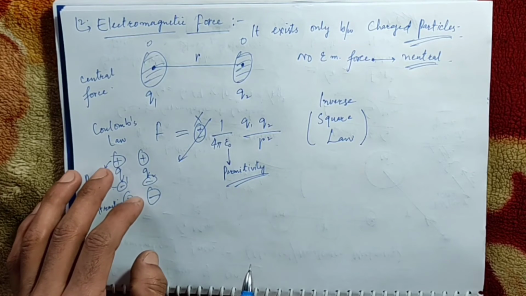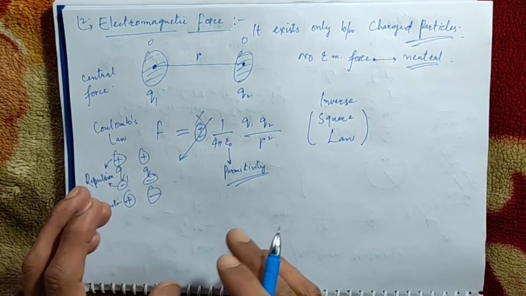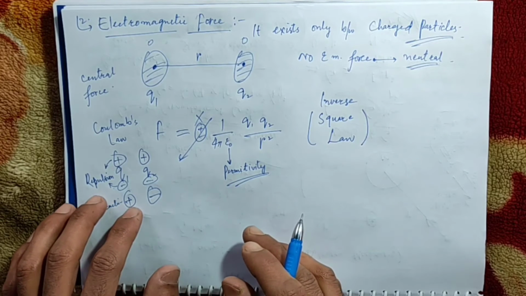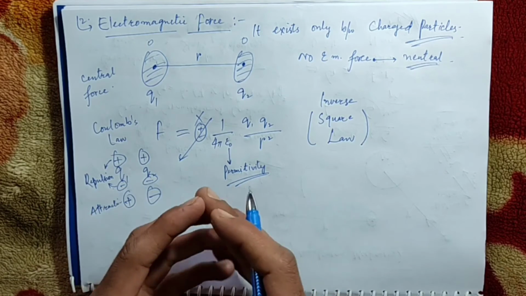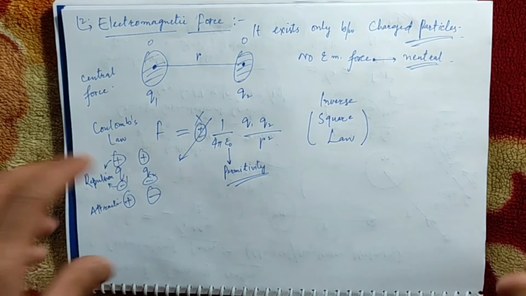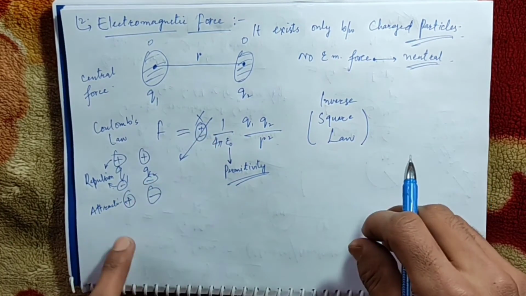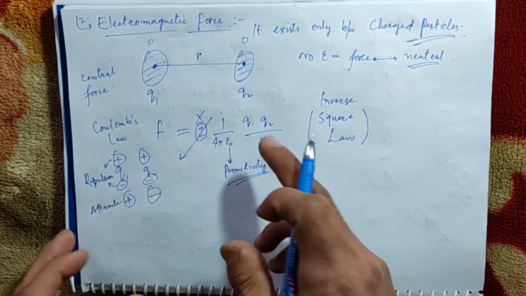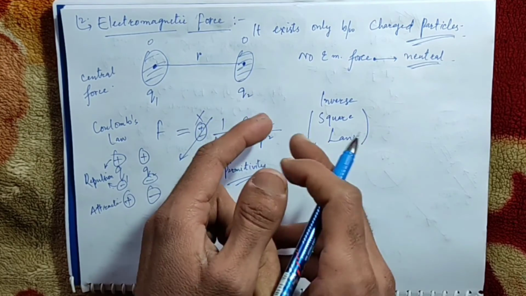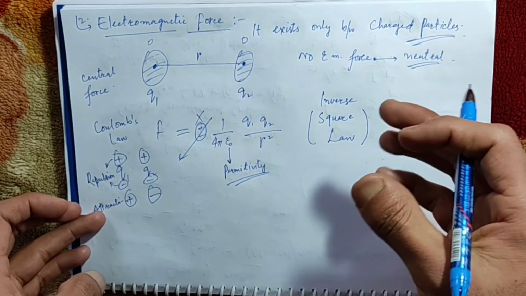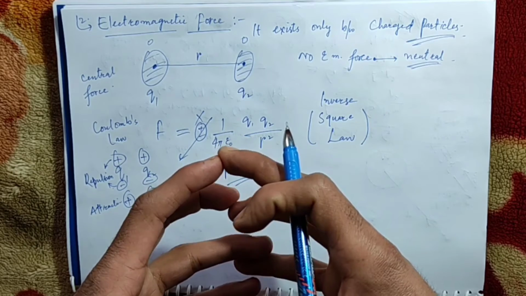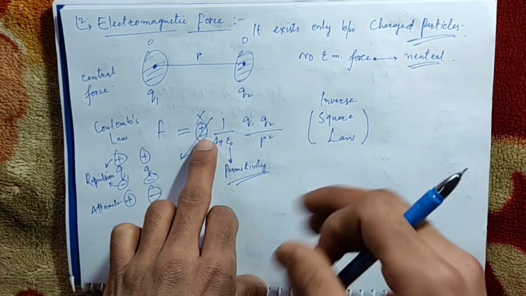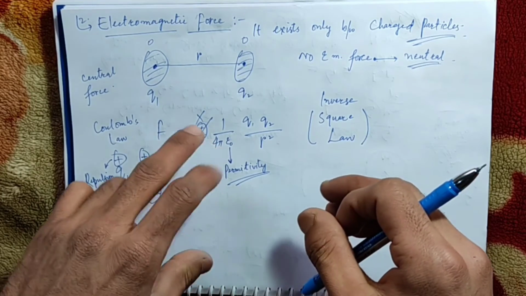So if charges are of the same nature, there is a repulsive Coulomb force, and a repulsive force is taken as positive. In case Q1 and Q2 are of opposite nature, one positive and another negative, there will be an attractive electromagnetic force, which, like gravitation, will come out negative.